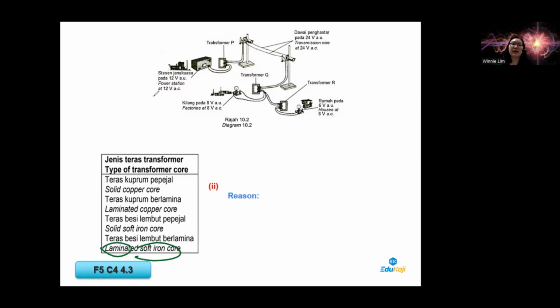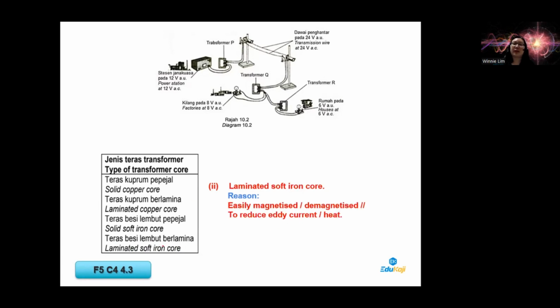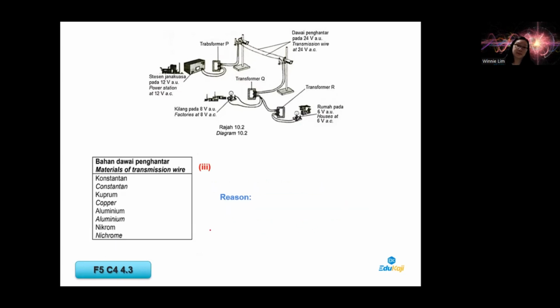Then the laminated idea is that you cut it into layers and stick it back together to reduce the eddy current. We want the current to be induced in the wire, not in the core. But somehow there is current produced in the core. We call it eddy current. So easily magnetized and demagnetized is for the soft iron core idea, and reduced eddy current is for the laminated idea.